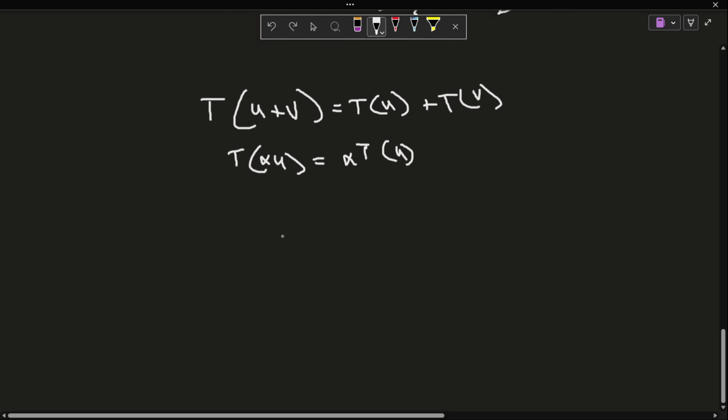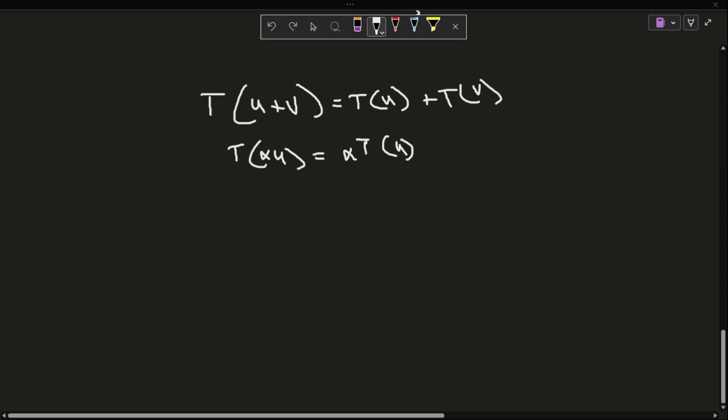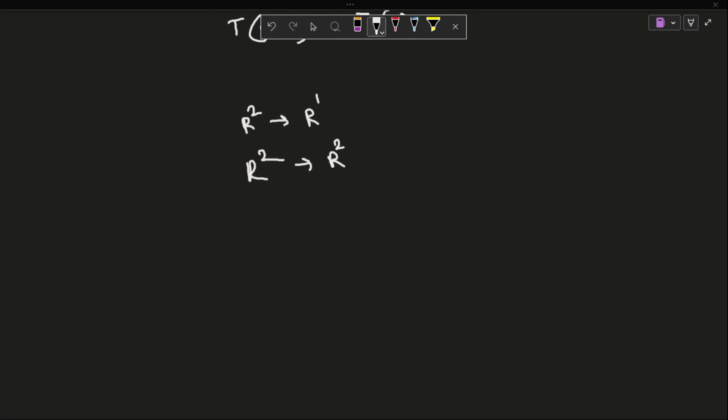So we can map a set of, I don't know, we can map either R2 to R1, so a set of two tuples to a set of one tuple, or we can just map R2 to R2 itself. And so there's a bunch of stuff we can do, but the general principle of linear transformations is still going to apply, and we're going to need to check if it's linear for pretty much all cases, all real numbers, all vectors inside our vector space.